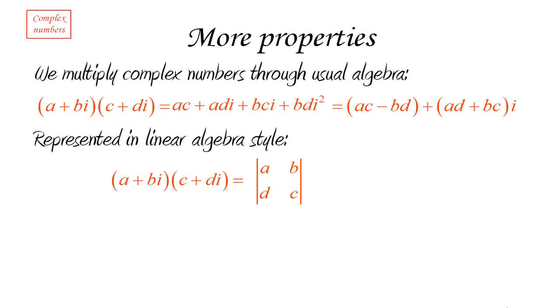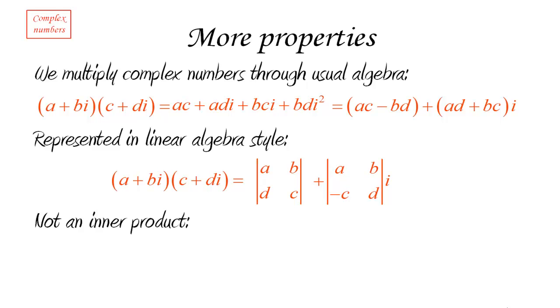Think about it in your own head. Is that AC minus BD? Oh, of course it is. Plus the determinant of [A B; C D] times i. And again, you may want to think in your own mind whether that's correct. That shouldn't take long. So again, this is perfectly equivalent to the previous formula. It's just given in linear algebra form and giving you, if you want, another use for determinants.